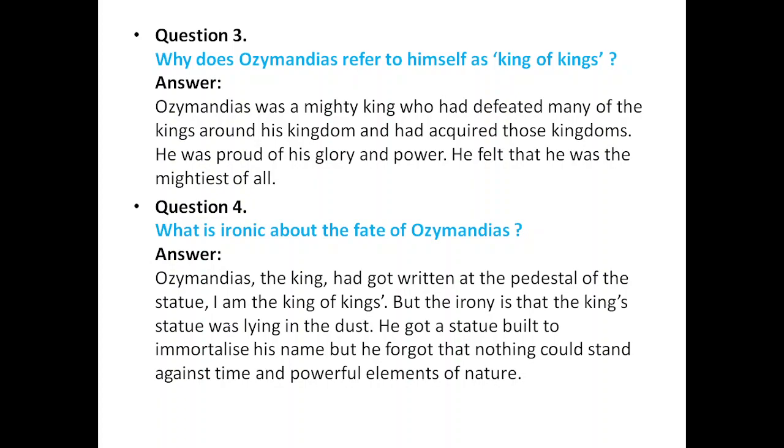Though he had built his statue to immortalize his name, everything is forgotten with the passing time. Even the great kings and queens of the yesteryears are forgotten with the passage of time. People forget everything.